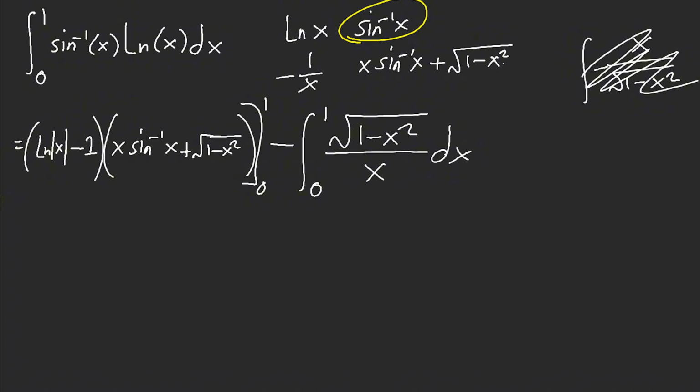Or if you love trigonometry, let x equal sine theta. Right? So now this is like, what? Pi over 2. What? This is cosine squared over sine. We get 1 minus sine squared over sine. And now this is like cosecant theta.